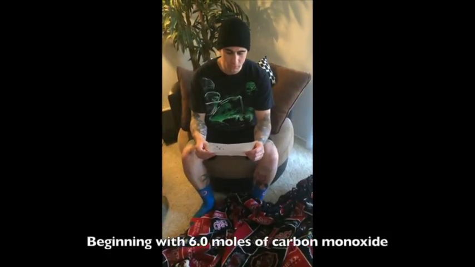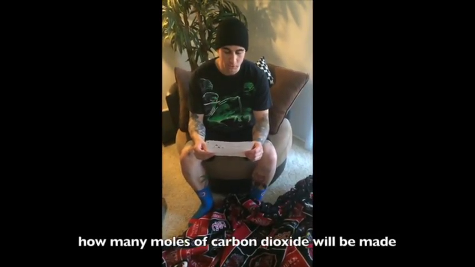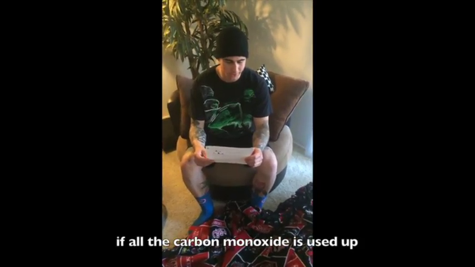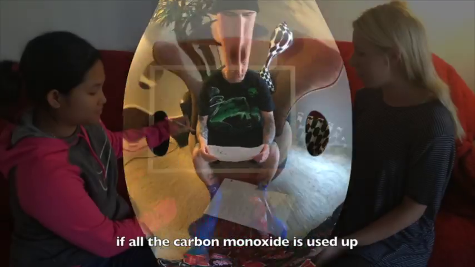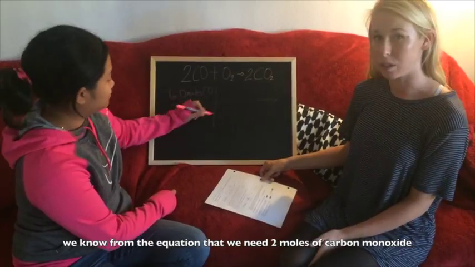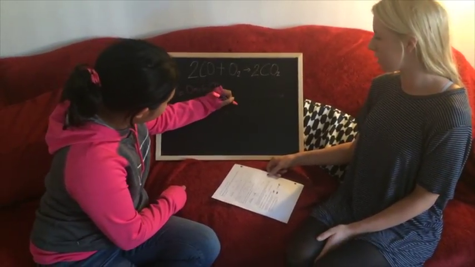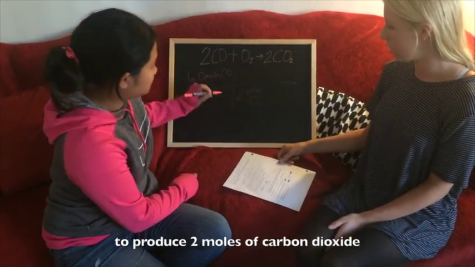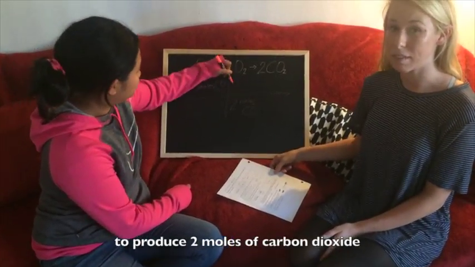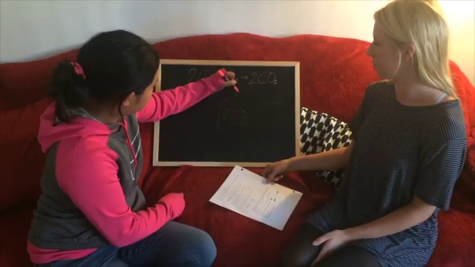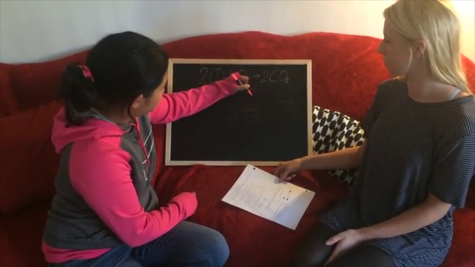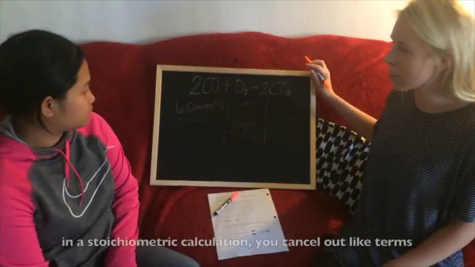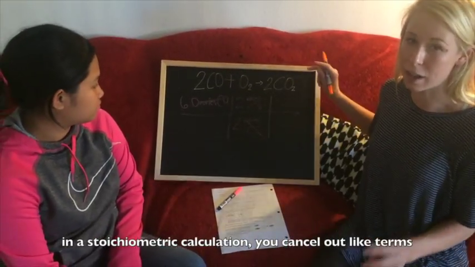Beginning with 6 moles of carbon monoxide, how many moles of carbon dioxide will be made if all of the carbon monoxide is used up? From the equation, we need 2 moles of carbon monoxide to produce 2 moles of carbon dioxide. As shown in the stoichiometric calculation, you cancel out like terms.